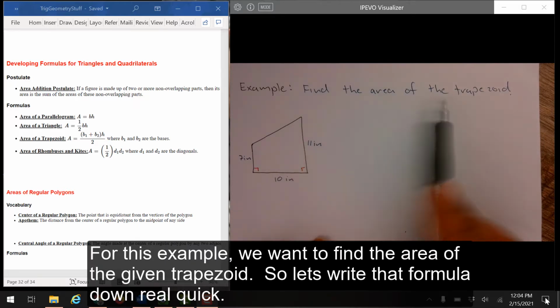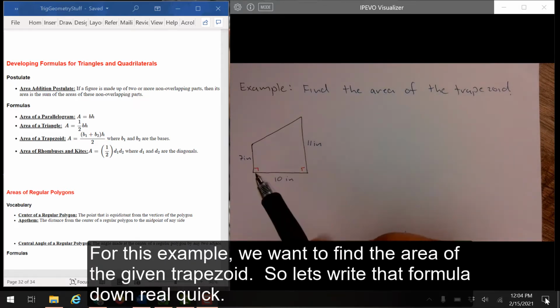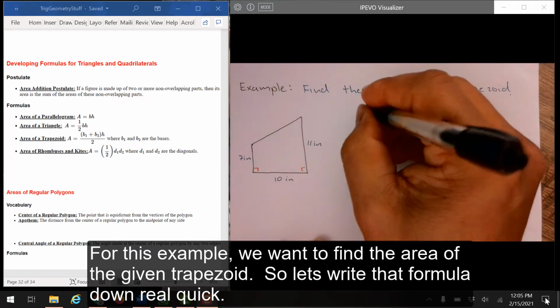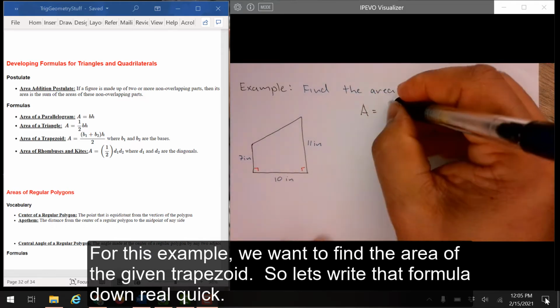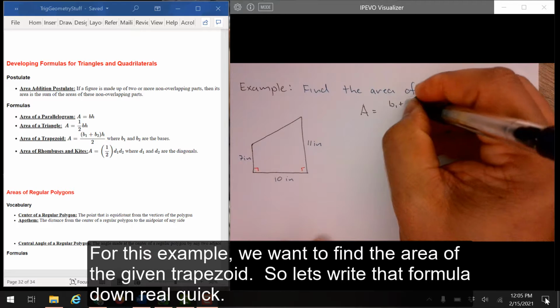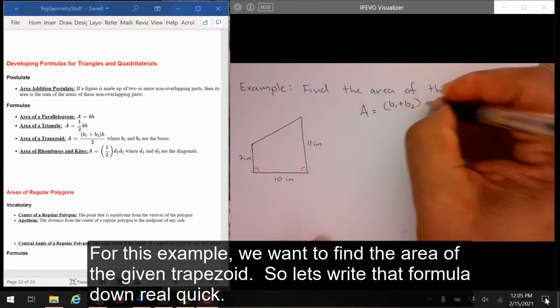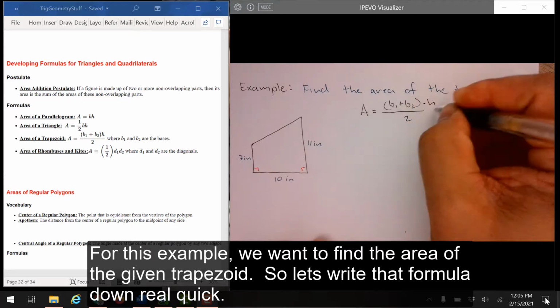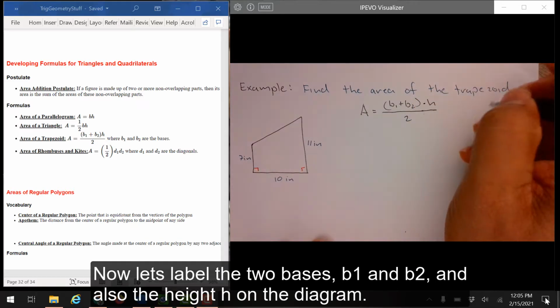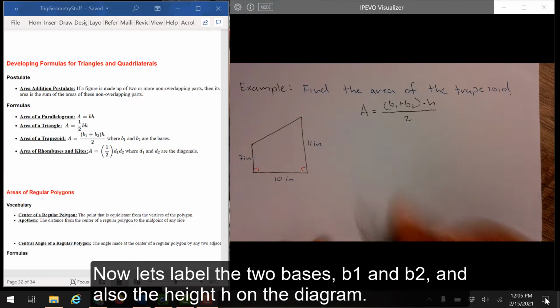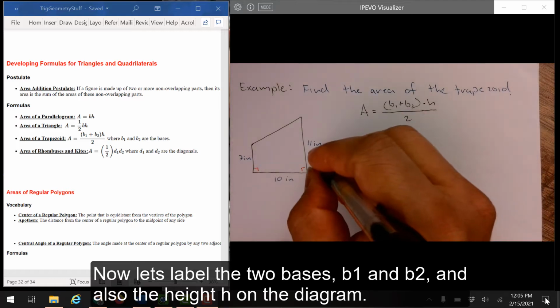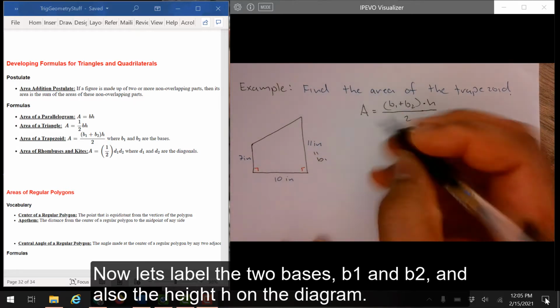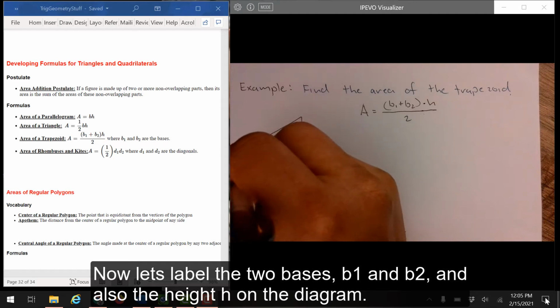For this example, we want to find the area of the given trapezoid. So let's write that formula down real quick. Now let's label the two bases, B1 and B2, and also the height H on the diagram.